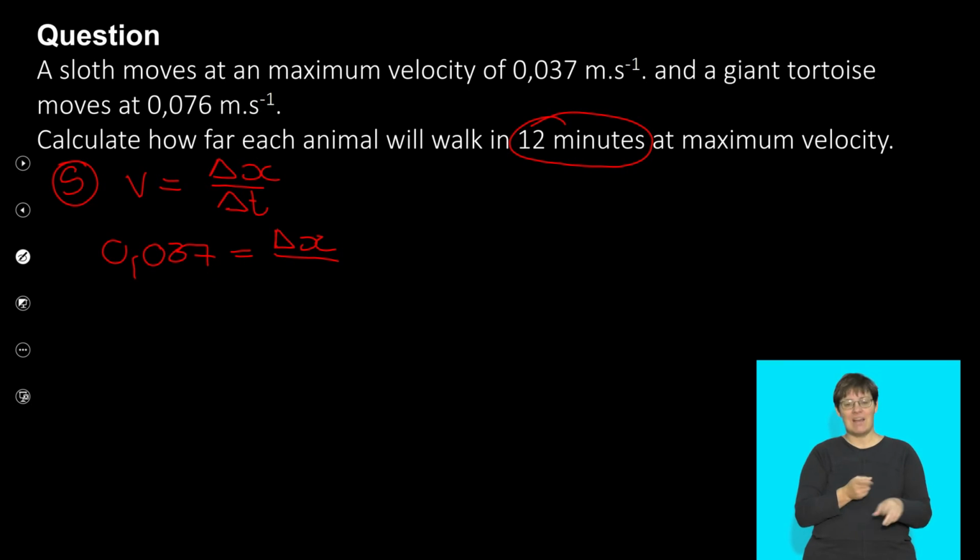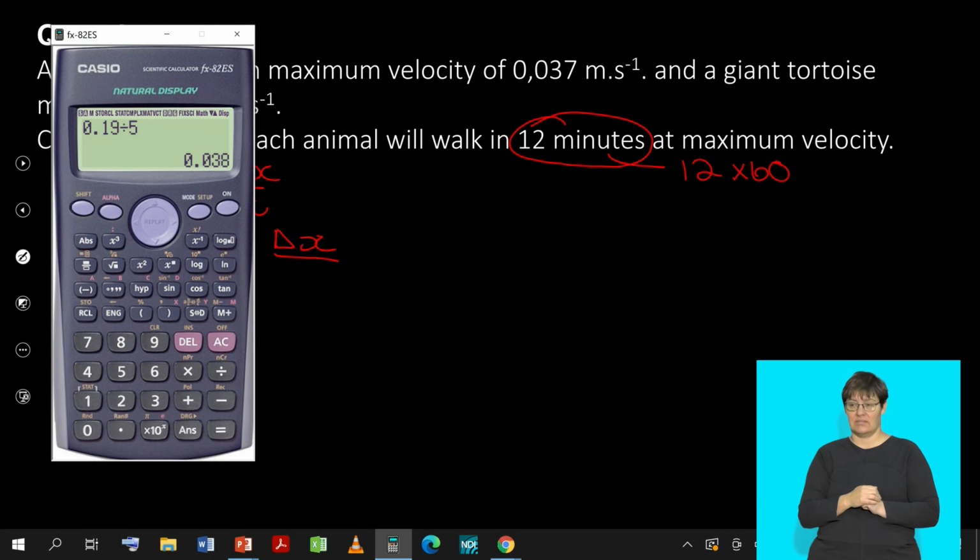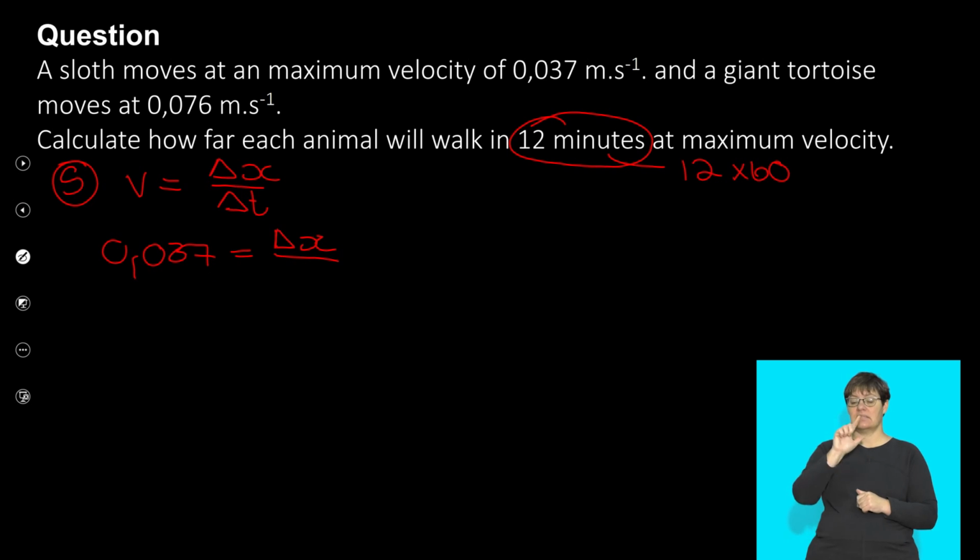So I'm going to have to go 12 times 60. Okay, so let's work that out. 12 times 60, 720. Please be careful. It's not a difficult question, but where do we end up losing marks? That we forget that that needs to be in seconds. So this is 720.